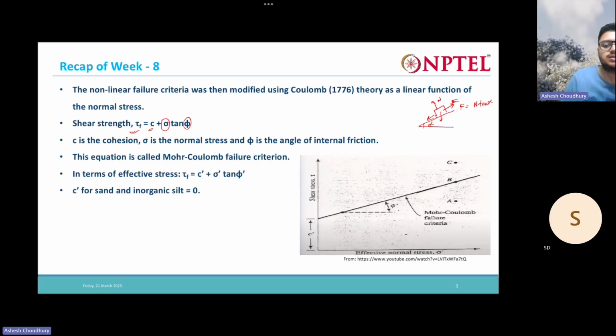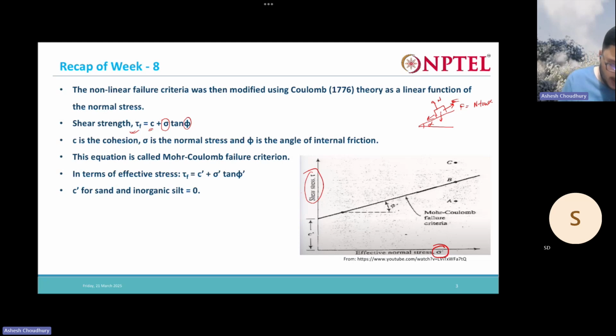So the soil reaches a failure shear or failure strength when we have a critical stress combination, so we'll see that down here. Here you can see you have the shear stress and the normal stress.